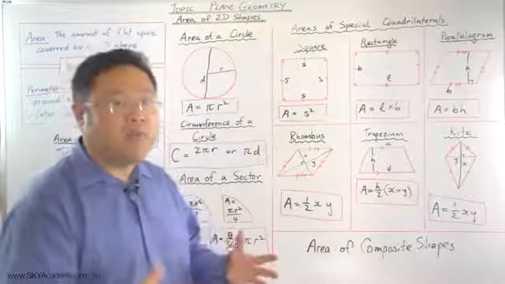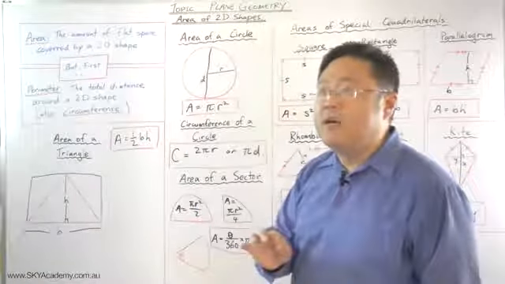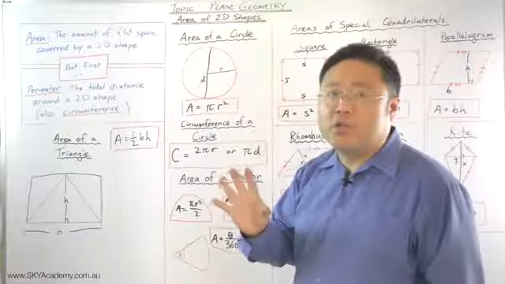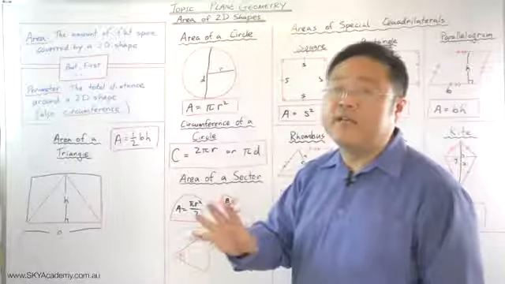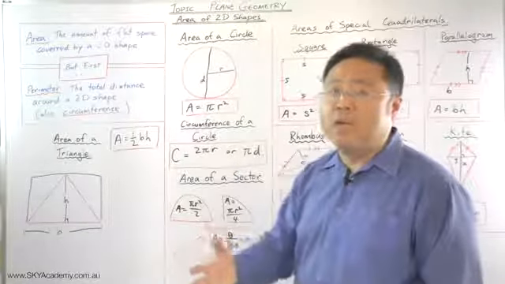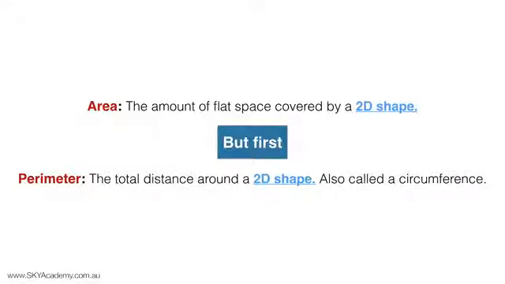Before we go through the formulas for how to find the area of different shapes, I want to distinguish between area and perimeter, two concepts that you will have covered in your junior school, but I don't want you getting confused about them. Area is simply the amount of flat space in a two-dimensional shape, whereas perimeter is the distance around a shape.